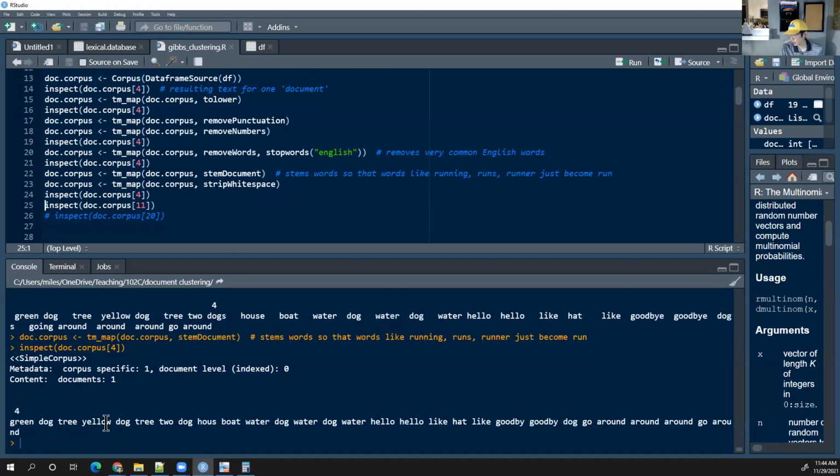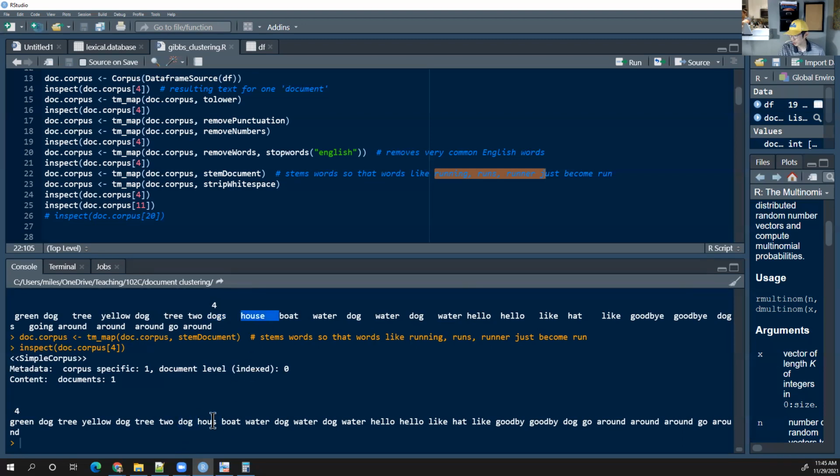And what stemming does is it turns words like running, runs, and runner, all of those just become run. As far as this goes, it doesn't seem to make a huge difference, but it'll turn dog into dog, and dogs become dog, okay?